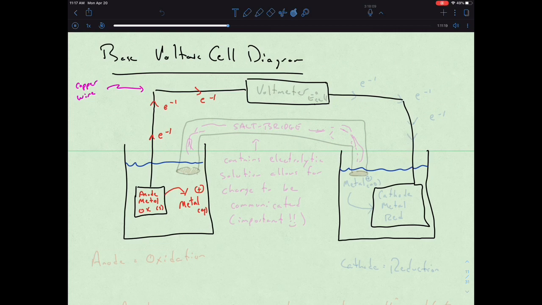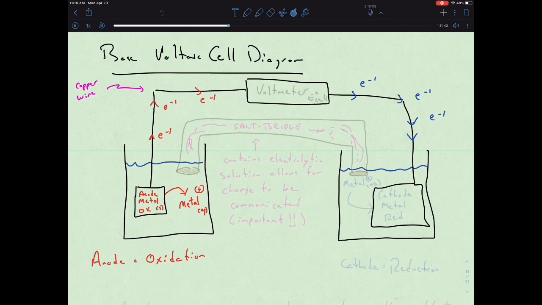So on the left side, we have the anode. And there's our oxidation. Those electrons can come all the way over to then the site of reduction.